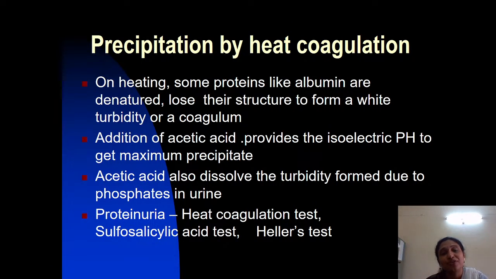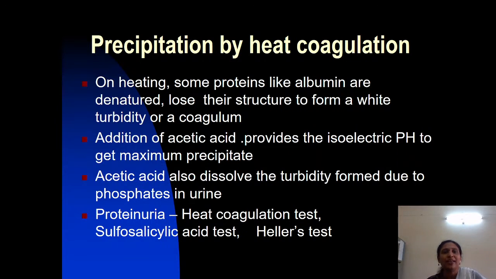So to differentiate that, we add acetic acid, because bringing it to the isoelectric pH of albumin, 4.7, intensifies the precipitation. You will get the maximum precipitation. Another reason to add acetic acid is that it dissolves the turbidity if it is formed due to the phosphates.